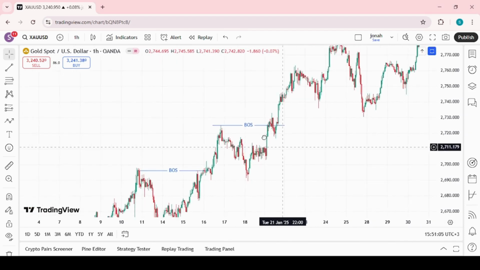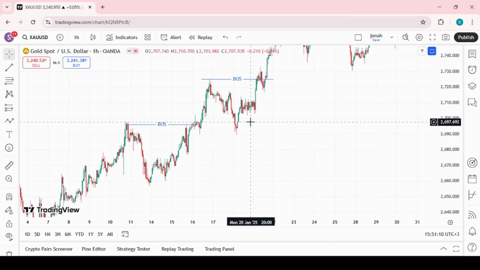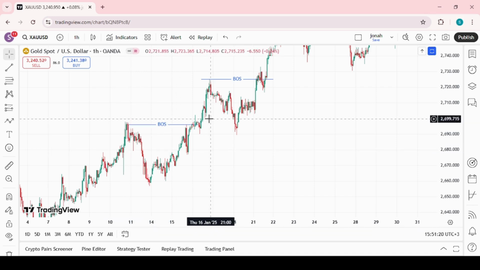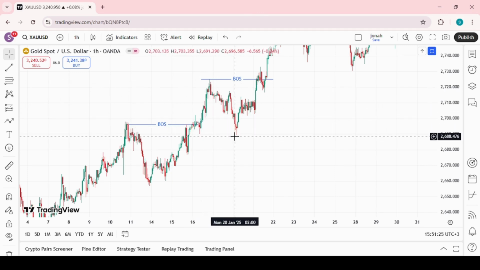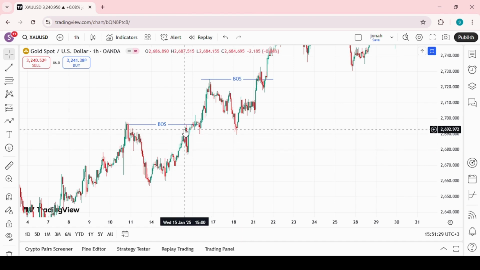This is an example of a real break of structure. So these are two breaks of structure whereby, as you see, price clearly broke the previous swing high. This swing high you see here, price broke it clearly, and so it came and tested our order block. You see here, this is an order block.